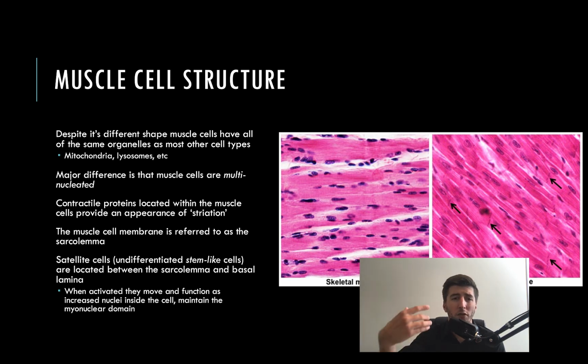So if you remember a couple seconds ago, I said that skeletal muscle is multinucleated. The reason that it's multinucleated is because of these very specific dedifferentiated stem-like cells that are called satellite cells. And as we continue to exercise, as we continue to stress our musculature, we actually increase the activation of these satellite cells and get these cells to move into the skeletal muscle and increase nuclei.